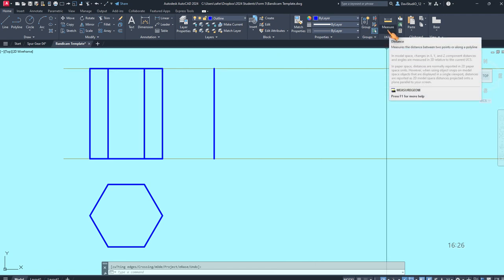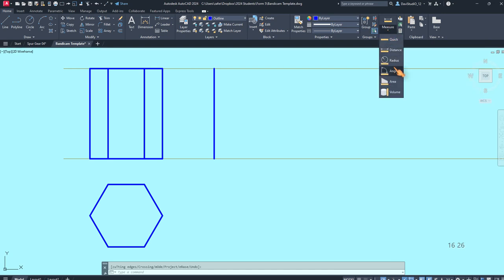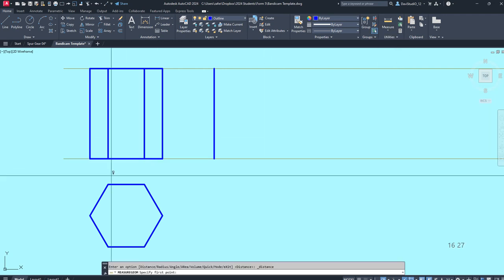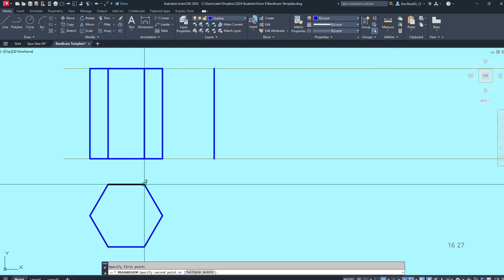When you use parallel lines, you take parallel lines from the elevation and you take the measurements from the plan. So let's go and measure the distance from here to here.